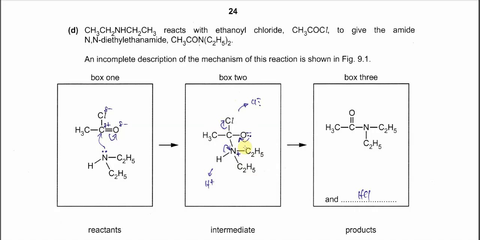For this intermediate, a few steps you need to do. First, please put a positive charge on the nitrogen, because nitrogen donates a lone pair to form a bond with this carbon, and nitrogen with 4 bonds, you just put a positive charge here. And of course, you must put the lone pair and negative charge on this oxygen.